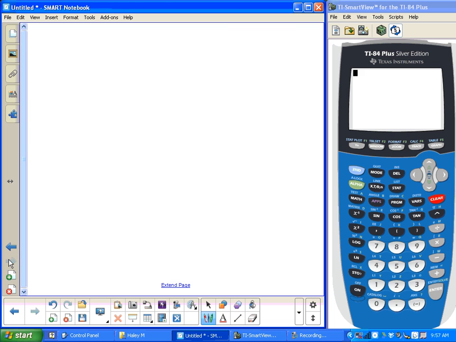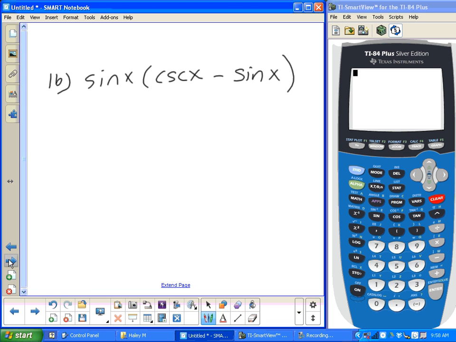All right, 16. There are no squares in those, so no Pythagorean identity is popping out yet. If we don't know anything to do, how about we just do what we normally do in algebra with parentheses? Just distribute. So we get sine x times cosecant x minus sine squared x.